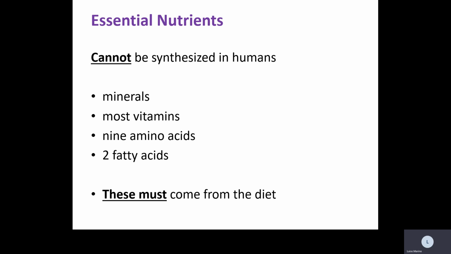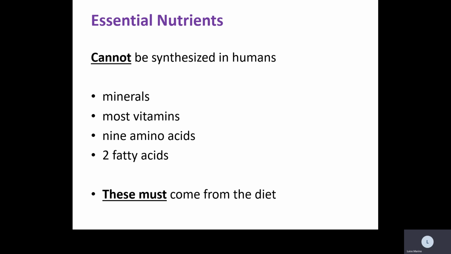So if you have a deficiency of linoleic or linolenic acid, you will have a breakdown. Your skin will end up being very dry. You can almost have a point where it mimics sepsis, so you have a very low white cell count and platelet dysfunction.